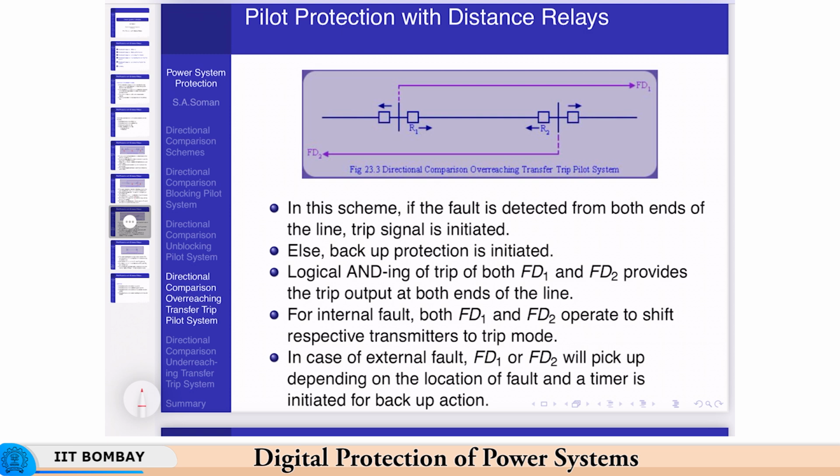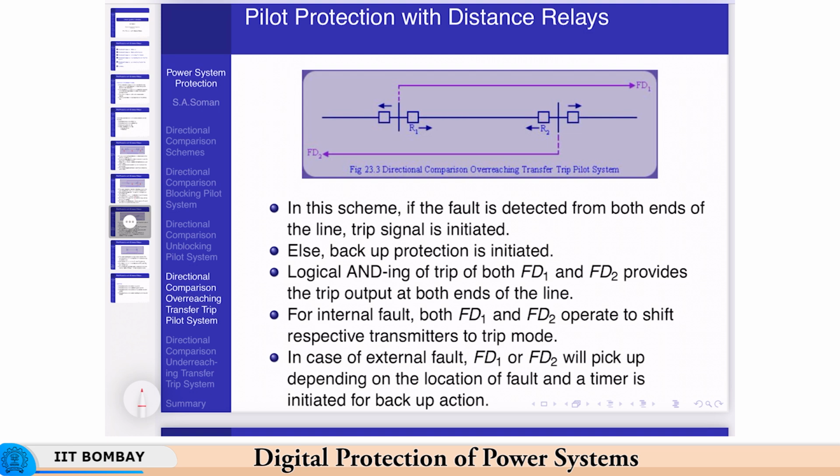So, similar to the earlier scheme, if there is a fault on the line, then these two fault detectors both will pick up, and at R1 they will be ANDed. Okay. So, if both are trip, then a trip decision will be initiated for the primary line, and both relays R1 and R2 will trip simultaneously.